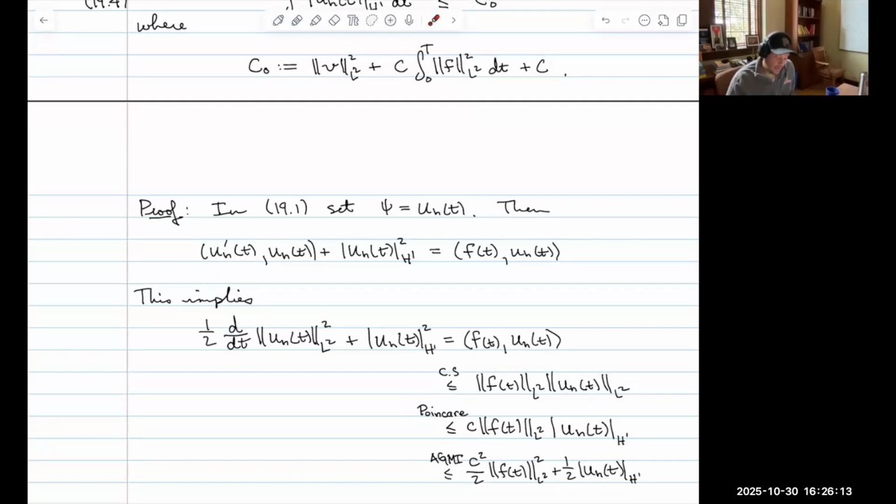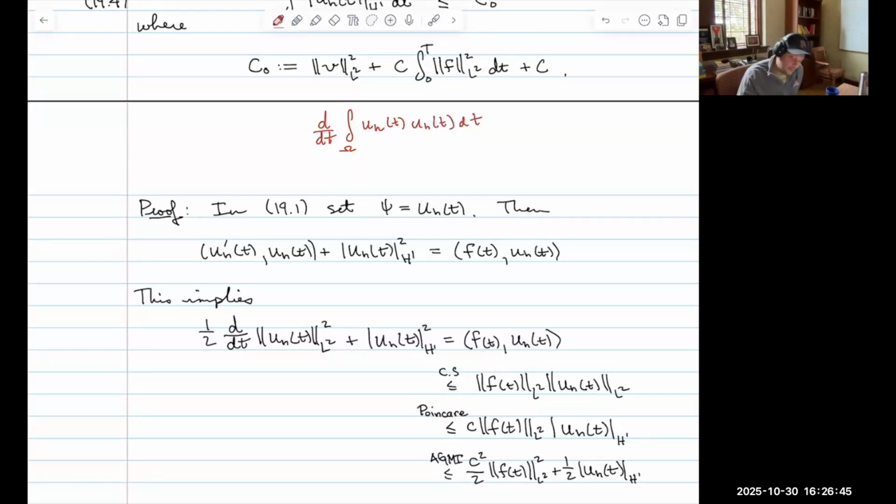If I take the time derivative of a spatial integral like that, it's uh_t dot u_t.